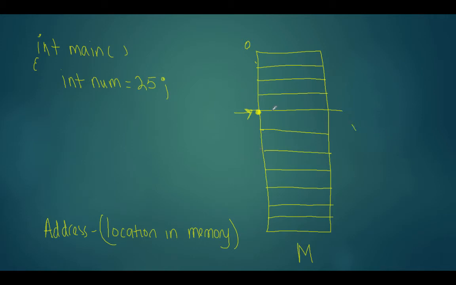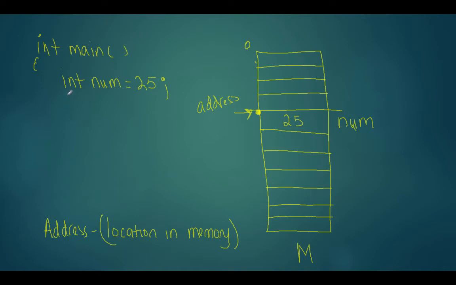So what happens here is it finds this location in memory. This is the address. And it says, okay, I have this free spot right here, so this is where I'm going to put this variable num. And this variable num has a value of 25. So that's all that happens right there.